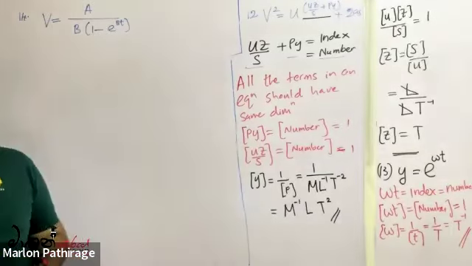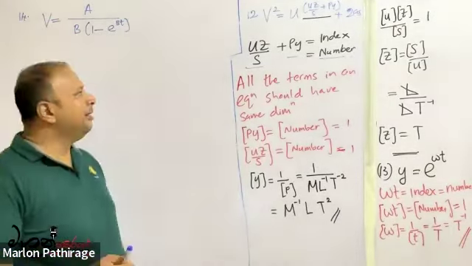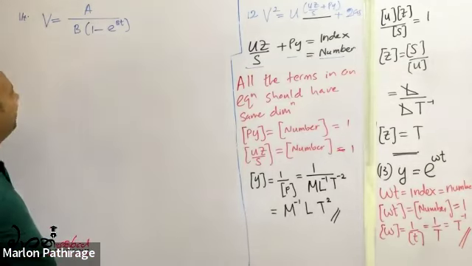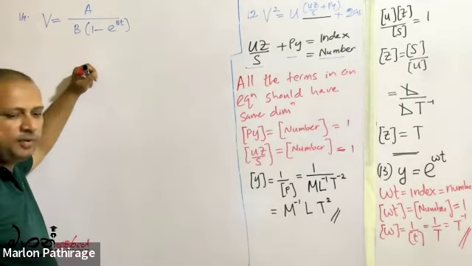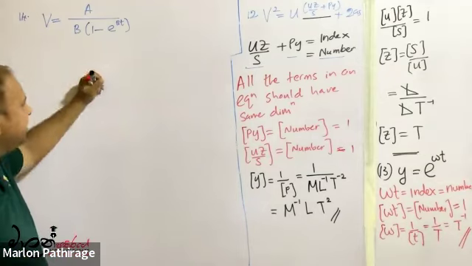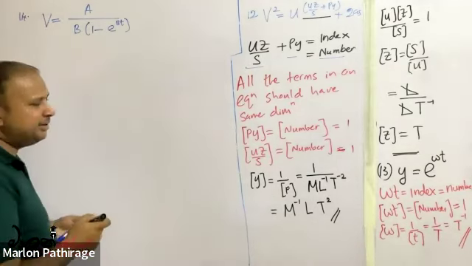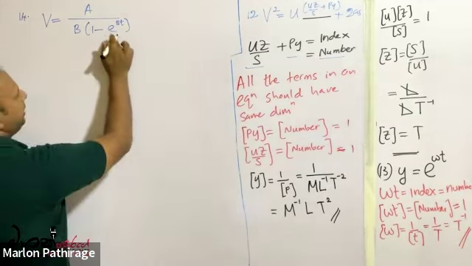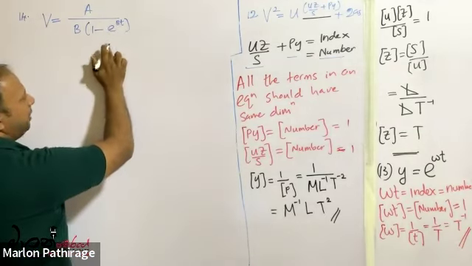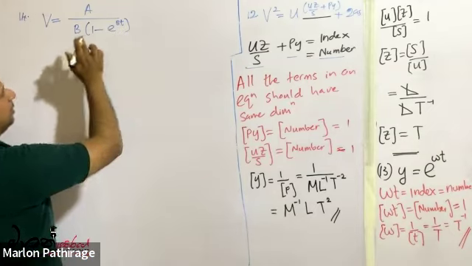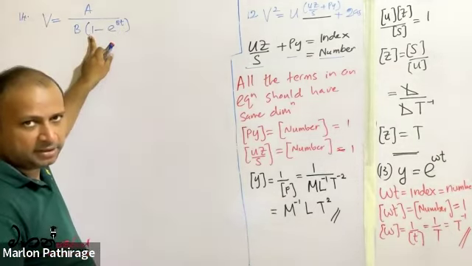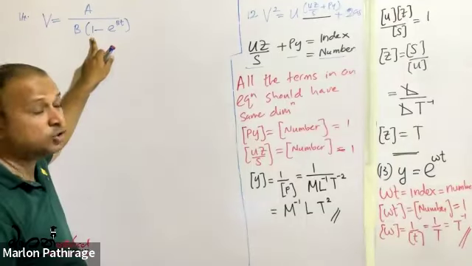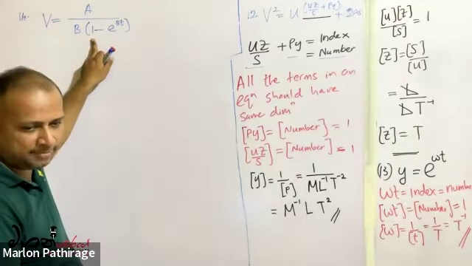Dimension of a and b. Here, this part should be a number. Why? What is the reason? Now it is very clear. e to the power bt is connected with the number through a subtraction.